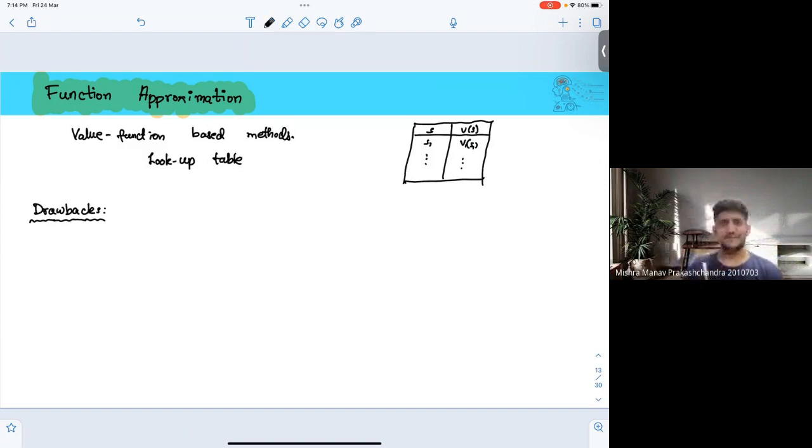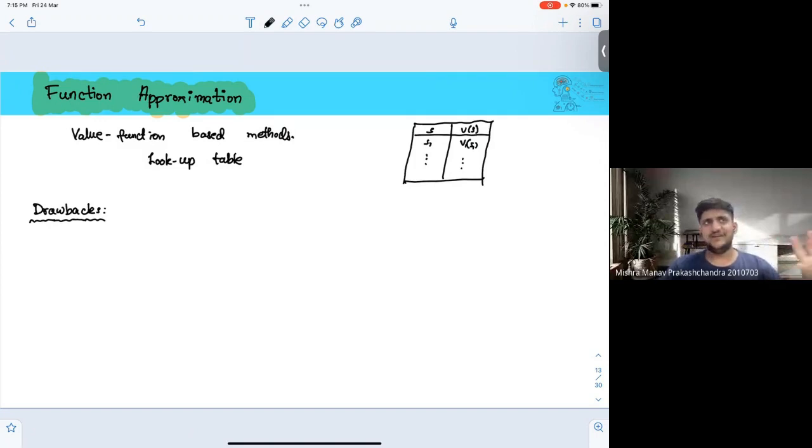Okay, imagine number of states is 1 million, or even better, it's around 10 to the power 10 or 10 to the power 20. Okay, because whenever we are solving any kind of real life problem, the number of states is humongous. Okay, so let's say I have a billion state space. Okay, and if I want to use a value function based method for that, I not only need to visit each state once, I need to visit each state often enough to have some good estimate of the value function, right?